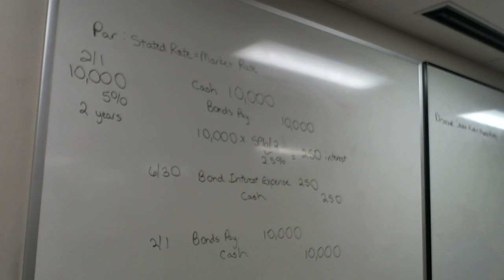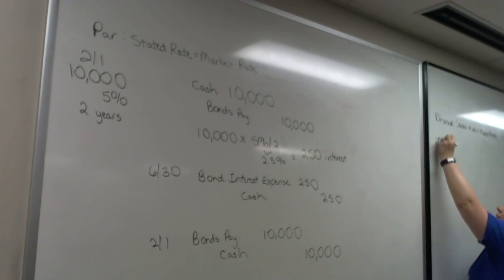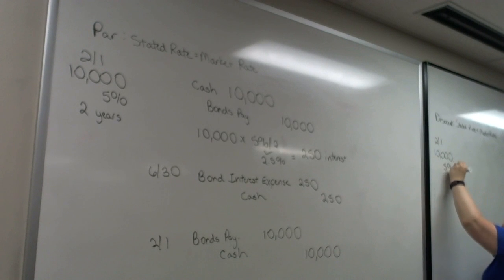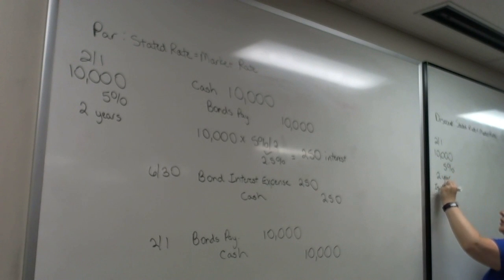So in this case, say we're offering 5%, the market's like 6%. And they'll give you how much to discount it. You won't have to come up with that. But say in this case, we sell it at like 98%. Okay, so it's the same bond. It's still 10,000, 5%, 2 year, but it's issued at 98%.